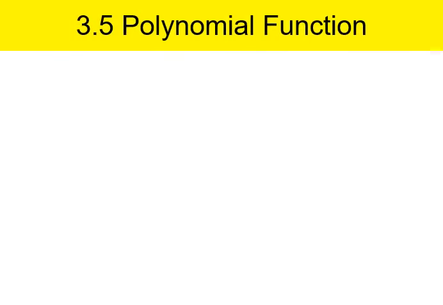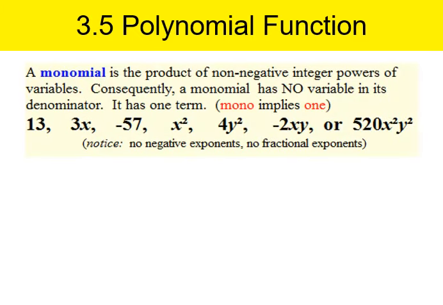Let's go to the next section, 3.5 polynomial functions. We have a polynomial functions and the opposite of it. We call it monomial functions. Monomial function is a function when we only have one term there.